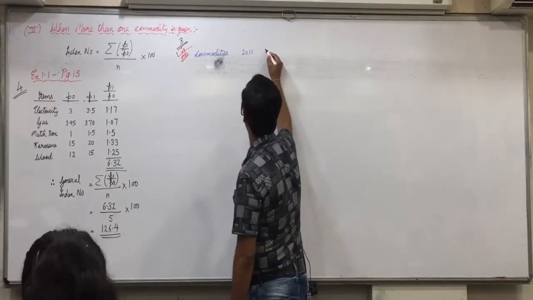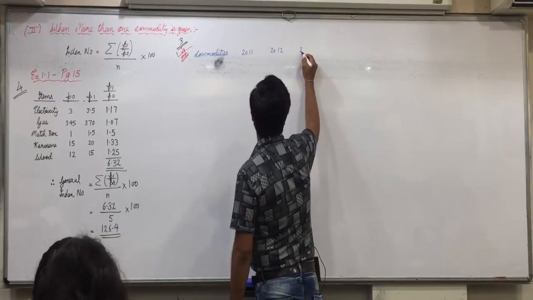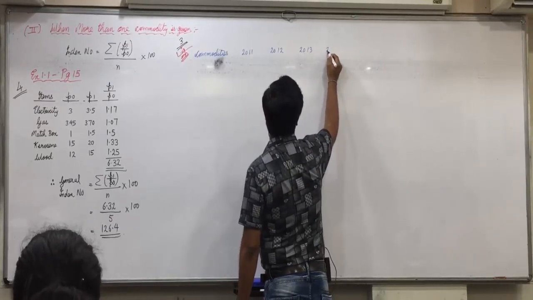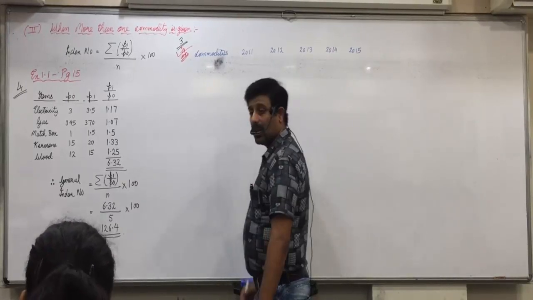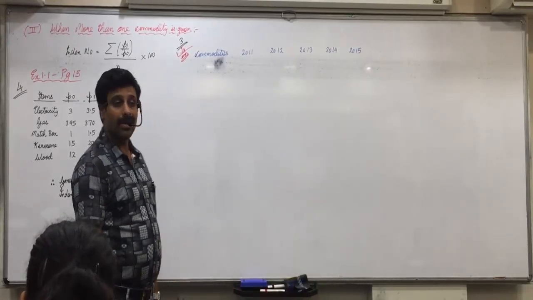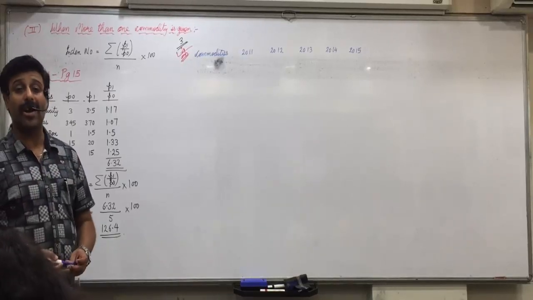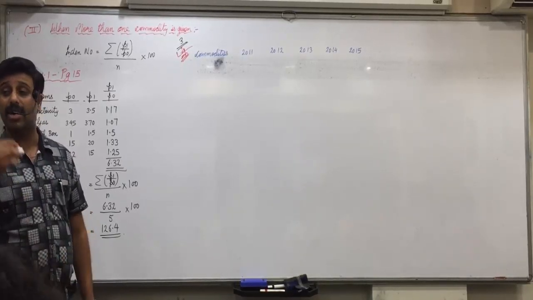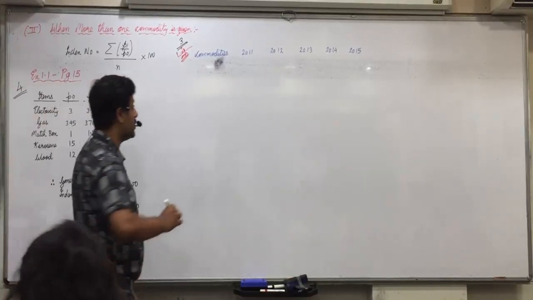Actually it's 2011, 12, 13, 14, 15. Understood this? Just make the columns, don't write anything inside, because we are not writing the actual values of the question, we will be directly showing the calculations. So just make the columns, that's it.